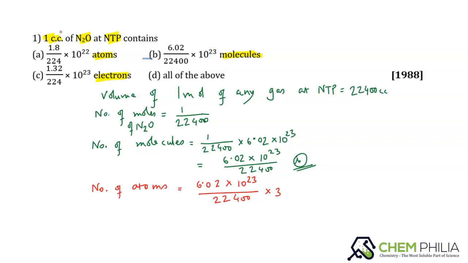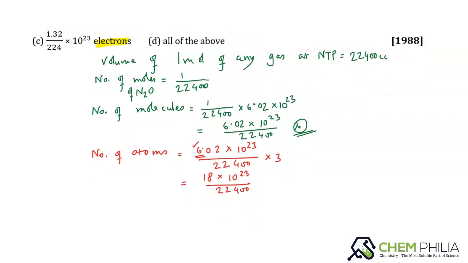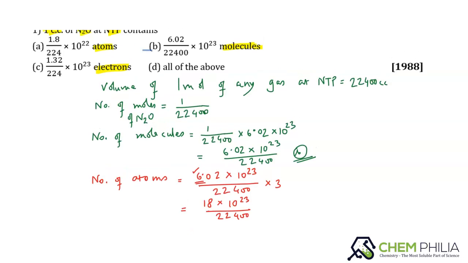Now let's assume 6.02 to be just 6. So here the answer will be 18 into 10 to the power 23 divided by 22400, right? Now let us look at option A, 1.8 into 10 to the power 22 divided by 224.